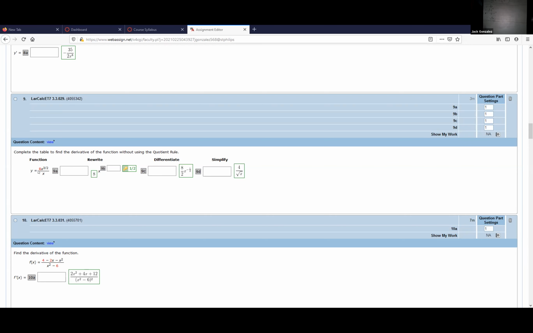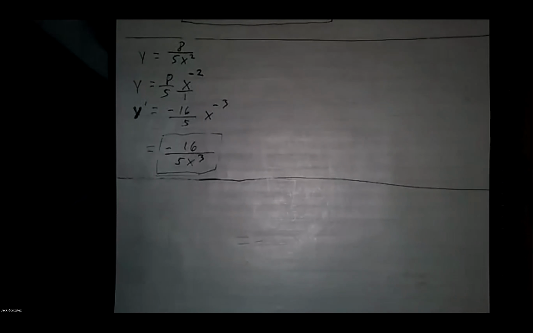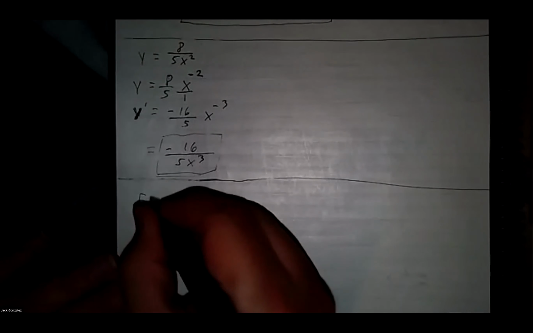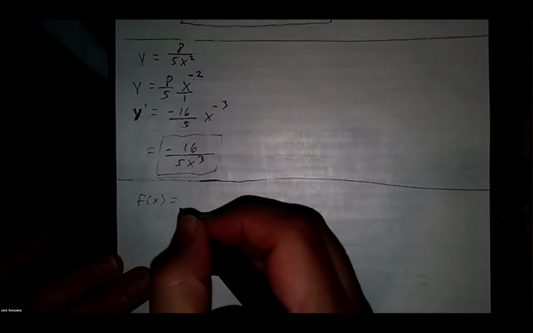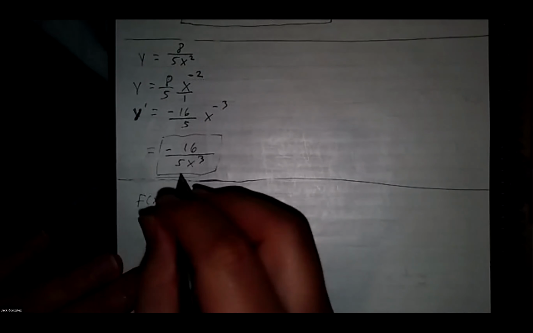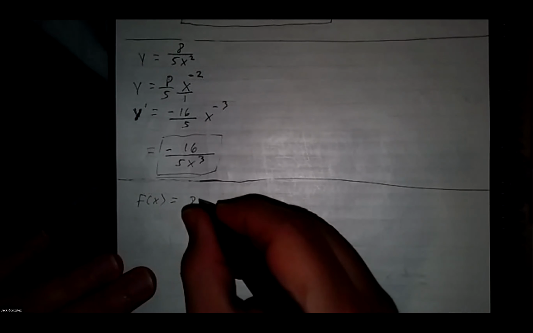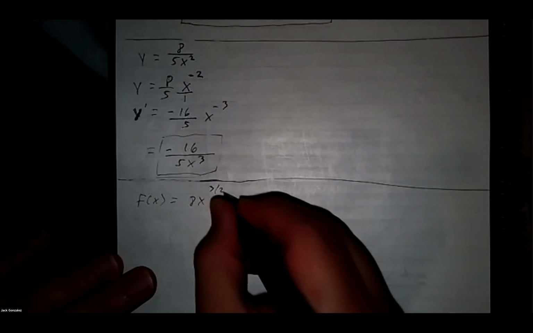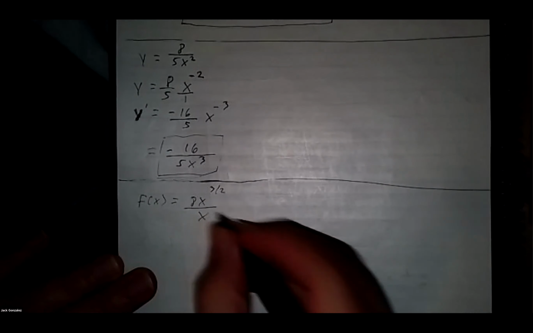So you just bring that half down, and that'd be it. What is your number, by the way? The number on top. 8x to the power of 3 over 2, over x. Oh, yours is the same.